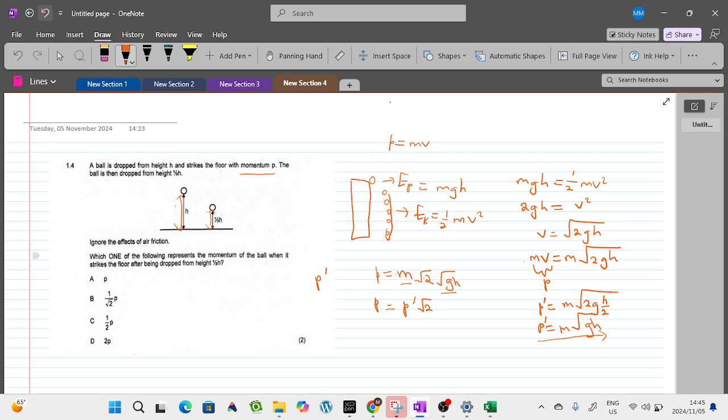So p prime is equal to p, the original momentum, divided by root 2. So this is the same as 1 over root 2 times p. So this is how you solve this.